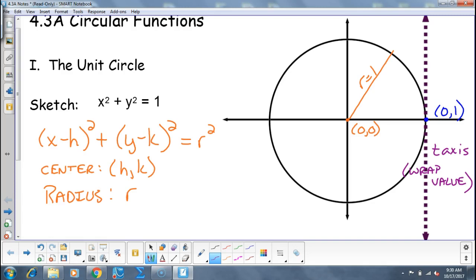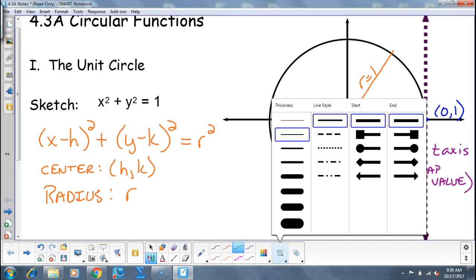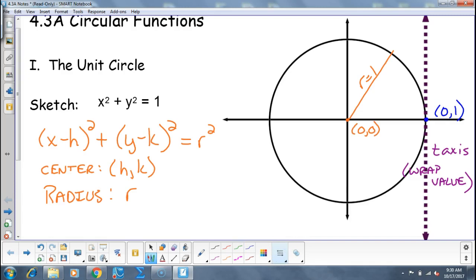Okay. All right. So I'm going to take my RAP value, set it right there. So that's my t value. And what's going to happen is I'm going to bend that, and I'm going to bend that along my circle here.